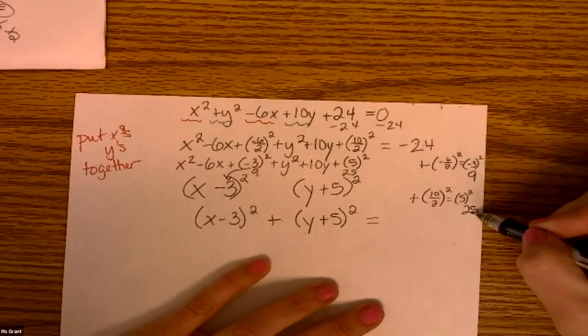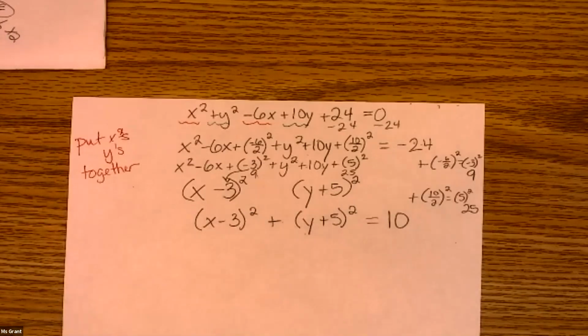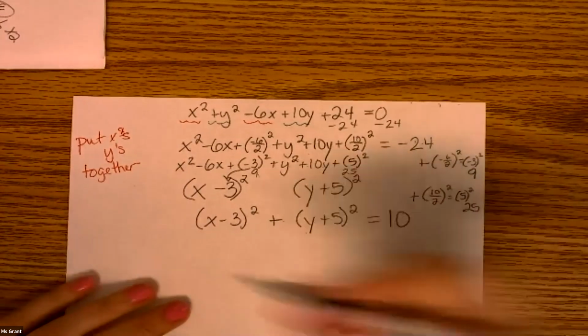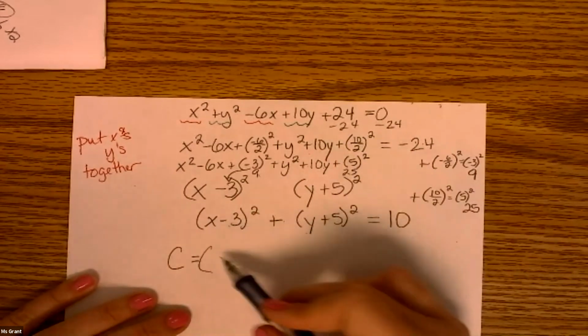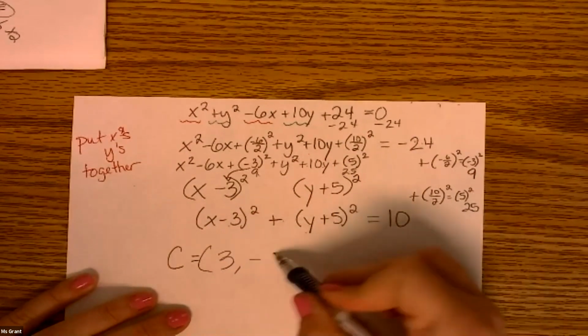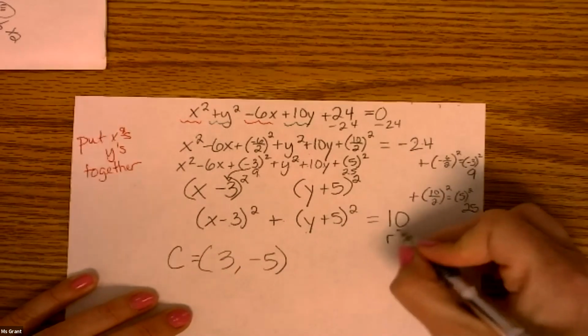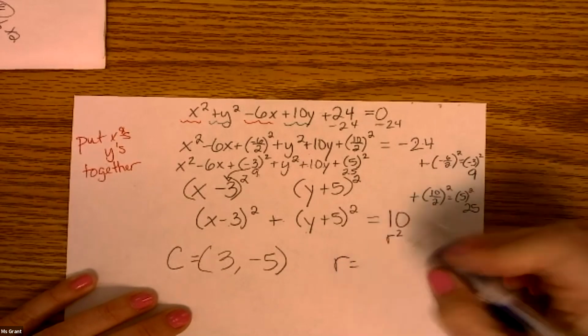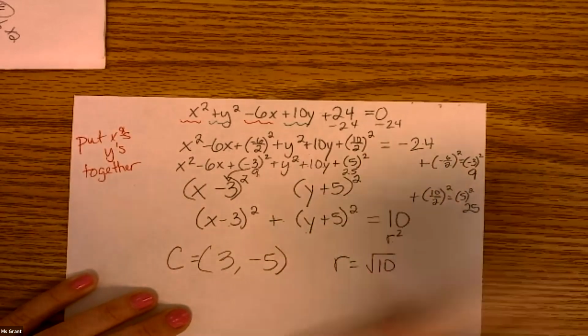Negative 24 plus 25 is 1 plus 9. So, you know, this is on your paper, but still, you need to know how I got it. Then, find the center. It's opposite sign, positive 3, negative 5. And then this is my r squared, right? Well, if r squared is 10, r is radical 10.